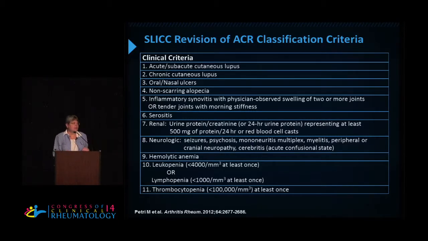But look at the changes in neurologic. It's not just limited to seizures or psychosis anymore, because there's so many other manifestations that are specific to lupus versus other connective tissue diseases. Another big change is that the hematologic criterion has now been split into the 3 different cell lines.